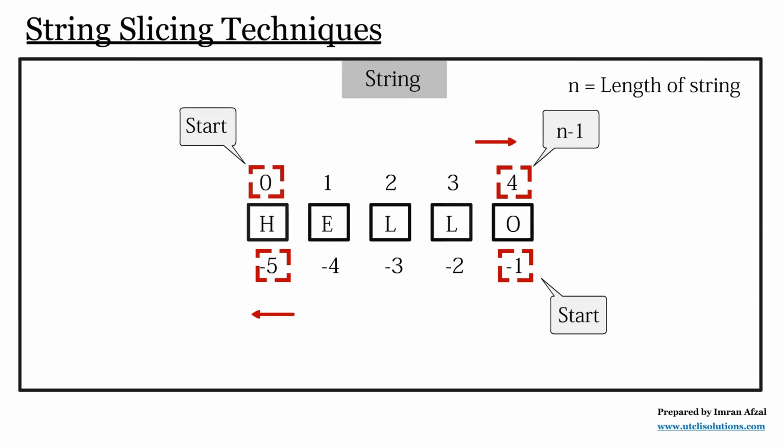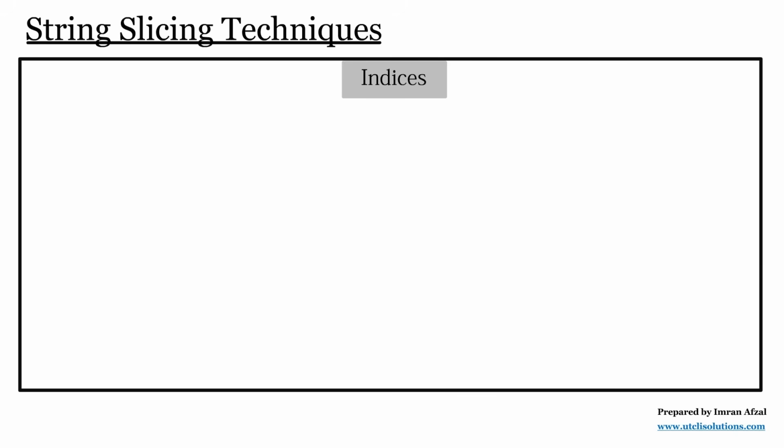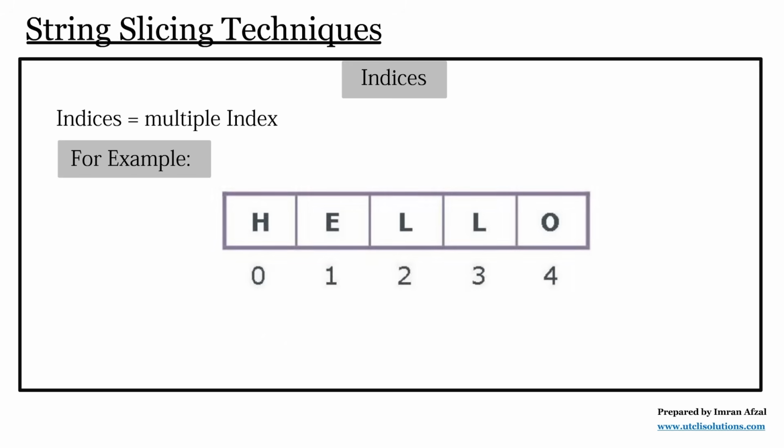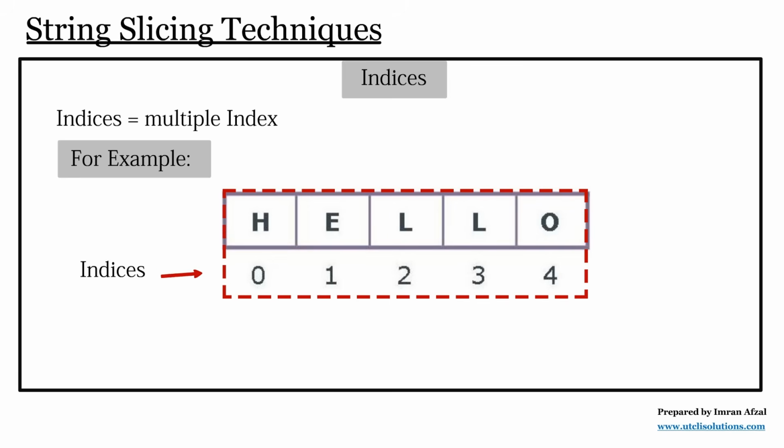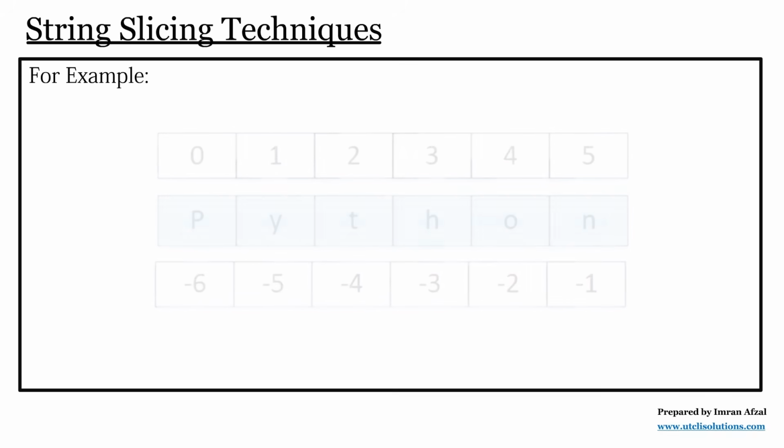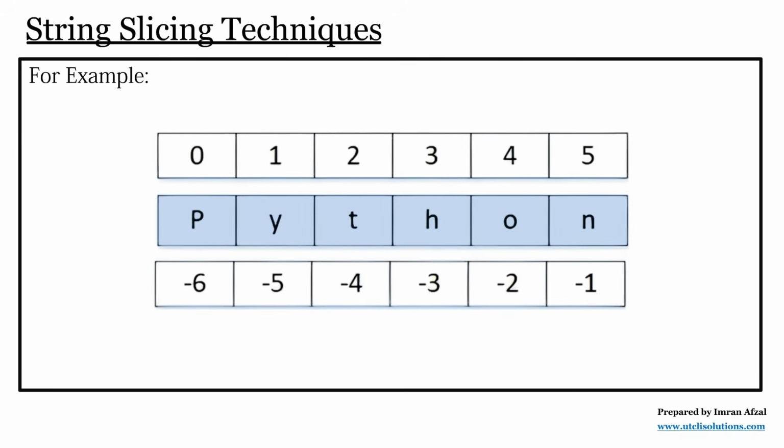Okay. So the word indices means more than one index. For example, in a string, an index shows the position of one character, like 0 for the first character, right? If we talk about many positions, we call them indices. For example, if we have the string Python, the positive indices start counting from the beginning.